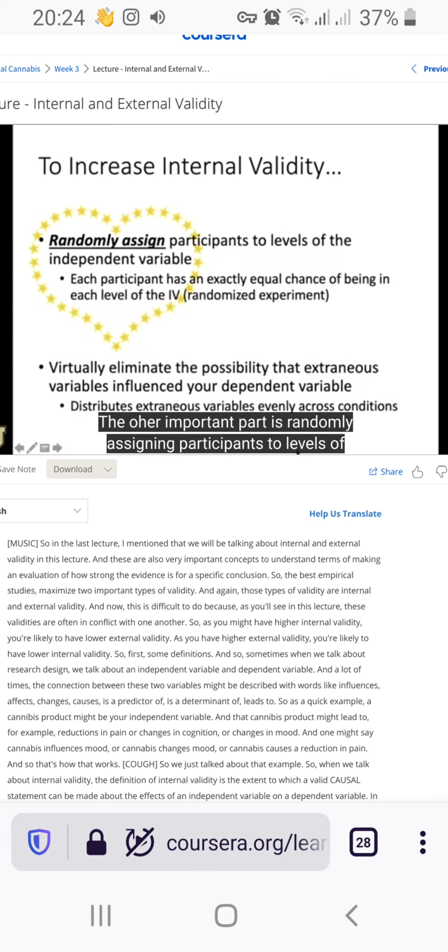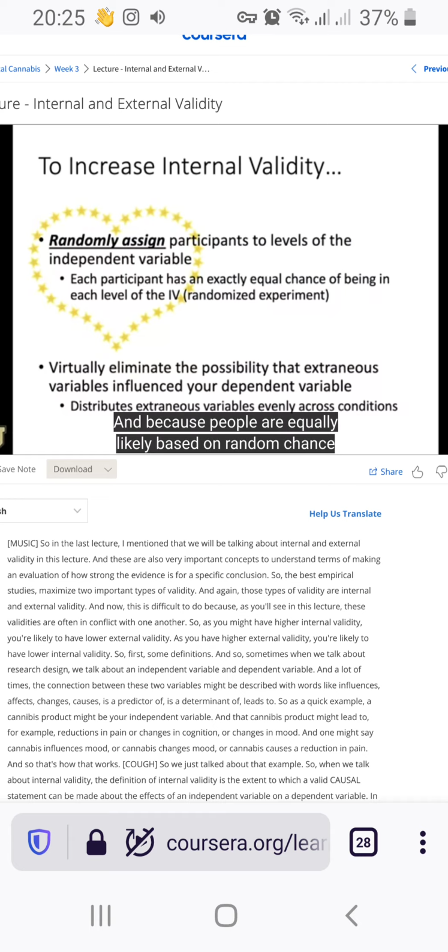Another important part of this is randomly assigning participants to levels of the independent variable. Each participant in that scenario where they're randomly assigned has an exactly equal chance of being in any given level of the independent variable. That's called a randomized experiment.